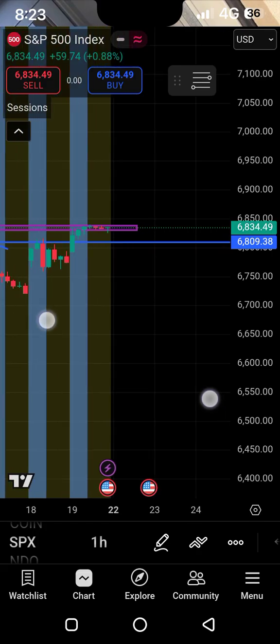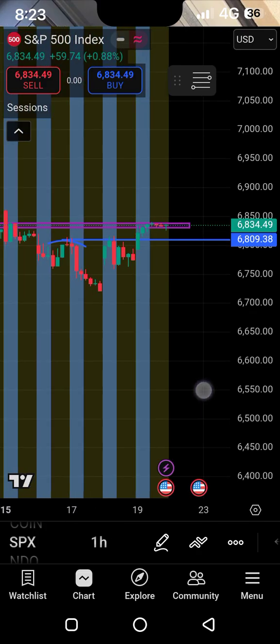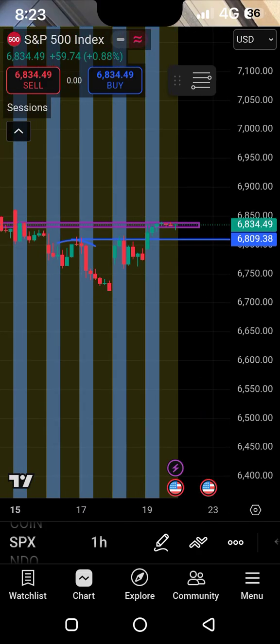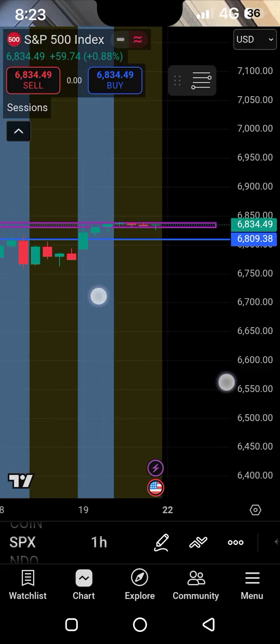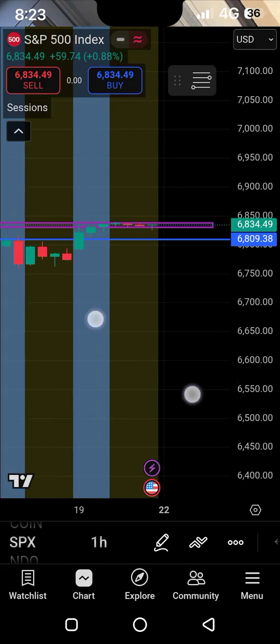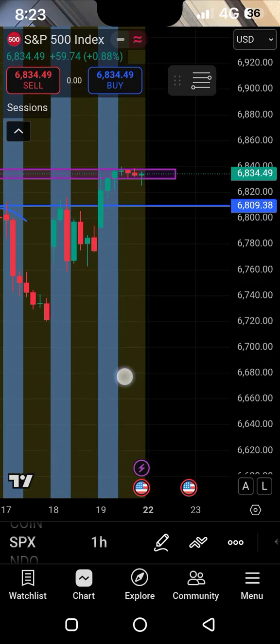So we see that the first time that price came above, London gave us the indication, and then in the New York we had some volume coming to the market during the overlap, and then afterwards this would have been an area for you to take your entries. Okay, as simple as that.